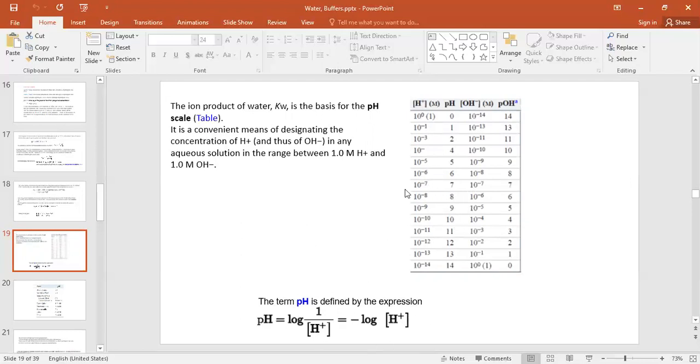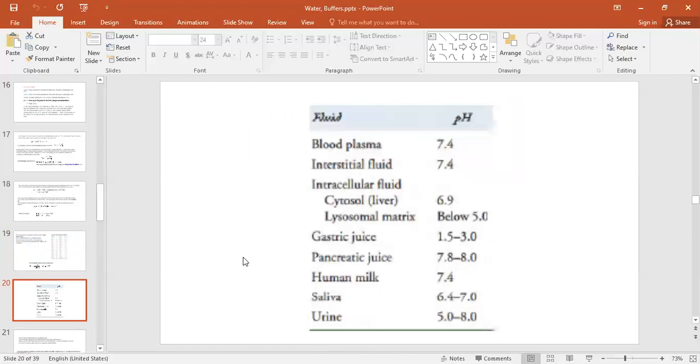Now we know this. Now you need to know pH of different fluids of our body. Blood plasma pH equals 7.4. This is the pH of arterial blood. Venous blood pH is slightly lower and equals 7.35.